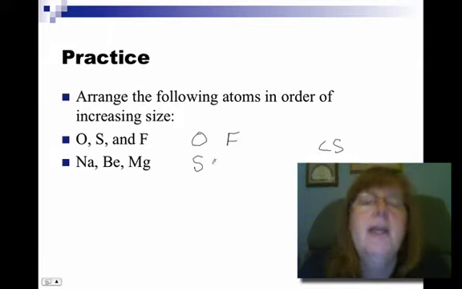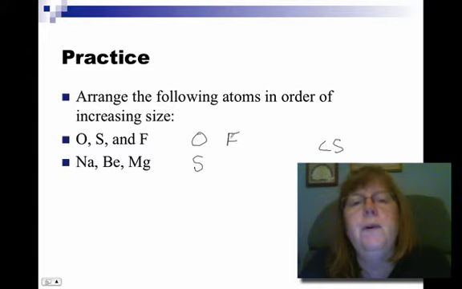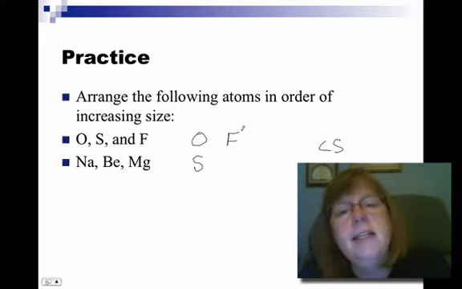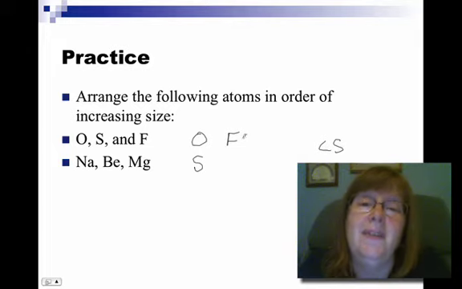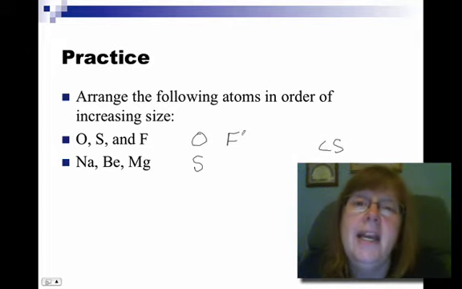Now between oxygen and fluorine, when we go across a period, the atomic size gets smaller because we've added protons in the nucleus, and that's pulling those electrons in more tightly. So fluorine is the smallest, then oxygen, and then sulfur. These are the types of questions you're going to be asked. This is how we're going to apply these different trends that we've learned in class.